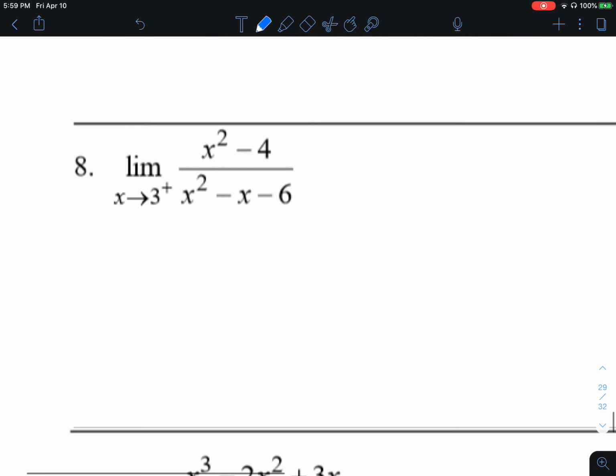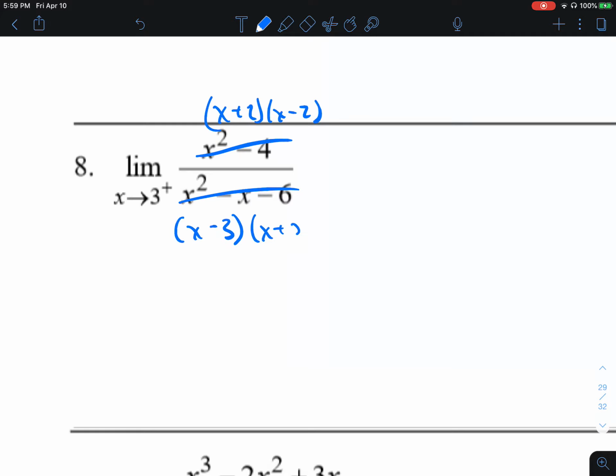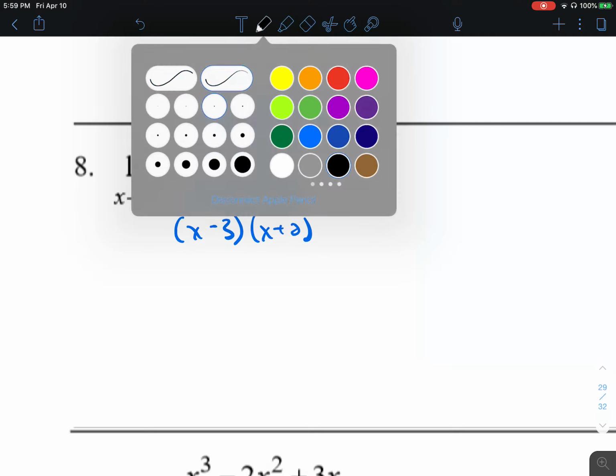Number 8 is this factor. This top factors into an x plus 2 and an x minus 2. This bottom factors into an x minus 3 and an x plus 2. X plus 2's cancel.